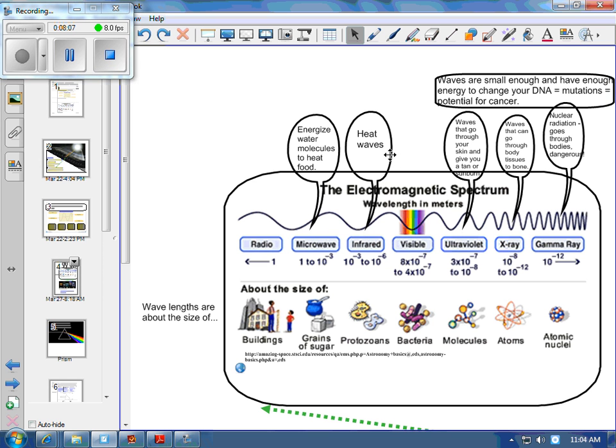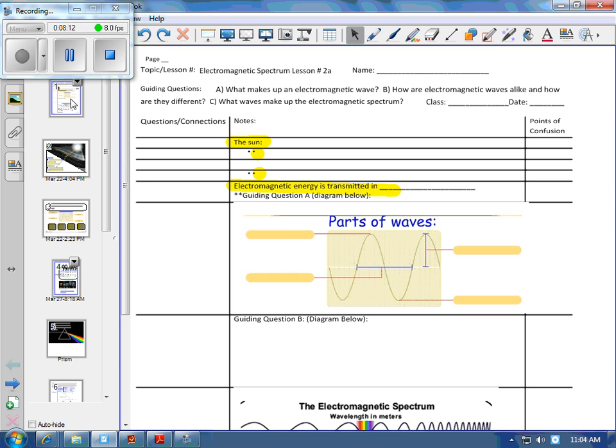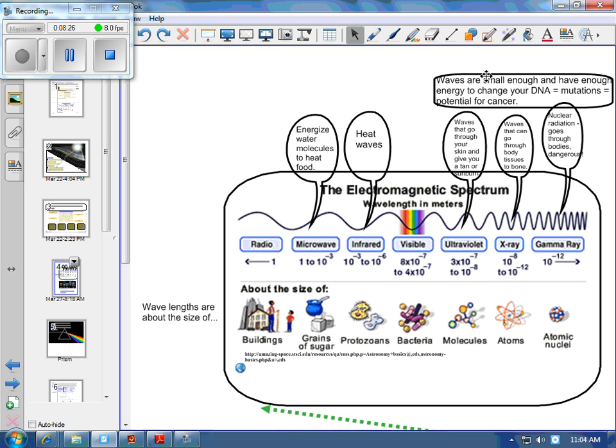Smart Notebook. Okay. Now, on your note sheet, you have a white section above your diagram. This is the spot where you're going to write in the information contained in the bubbles. So right in here is where you are writing in the bubble information, and I will go over that.